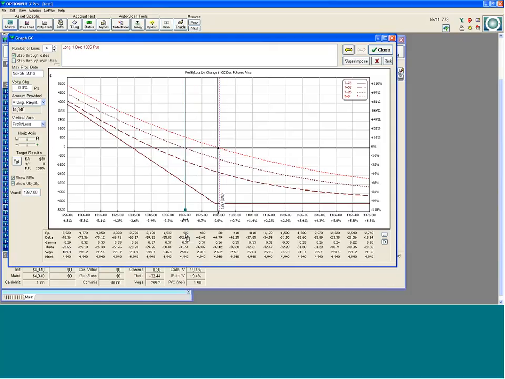You're going to participate in 48% of the move. A $20 move is $2,000 on the futures times 48%. That comes out to be $960 on my calculator. OptionVue is showing us a $990 profit, close to the 960 figure. Likewise, you have losses on the upside.